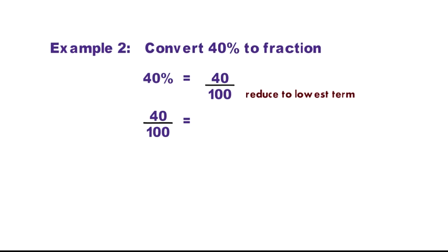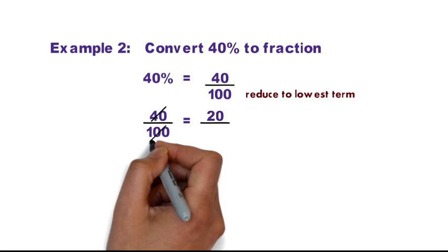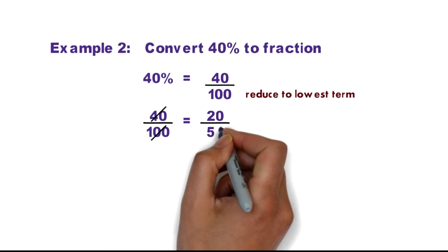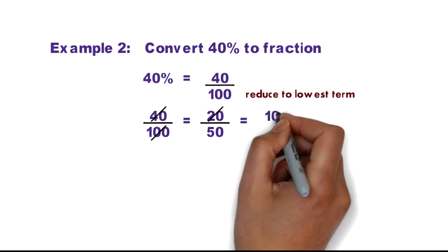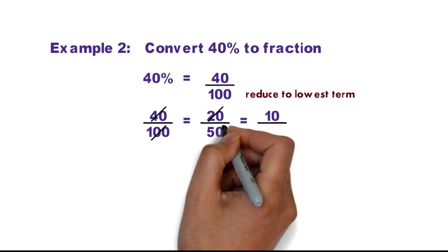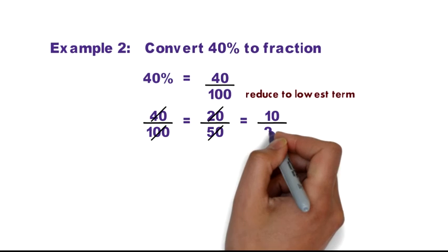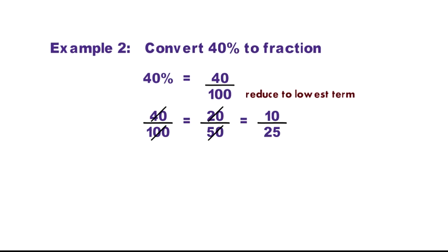So, 2 divides 40 gives us 20, and 2 divides 100 gives us 50. 2 can still divide. So, 2 divides 20 gives us 10, and 2 divides 50 gives us 25. Next, the number 5 can divide both 10 and 25.